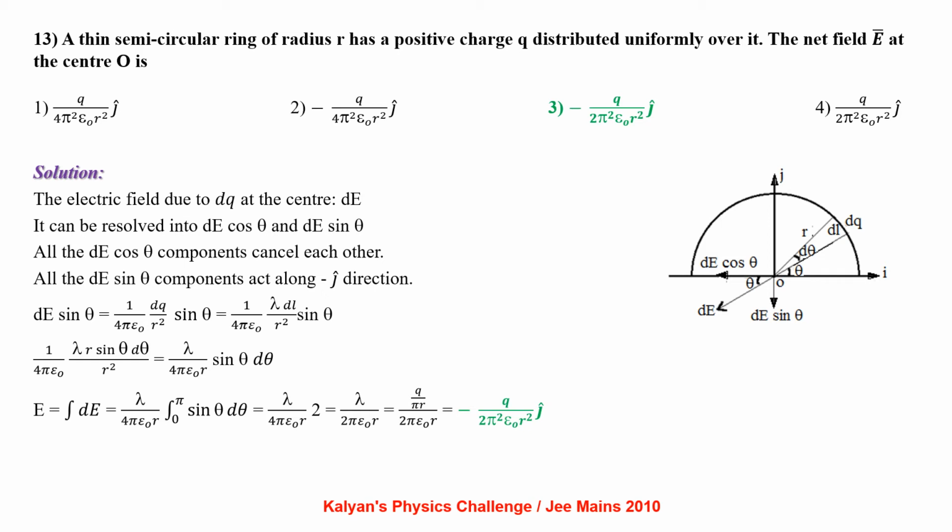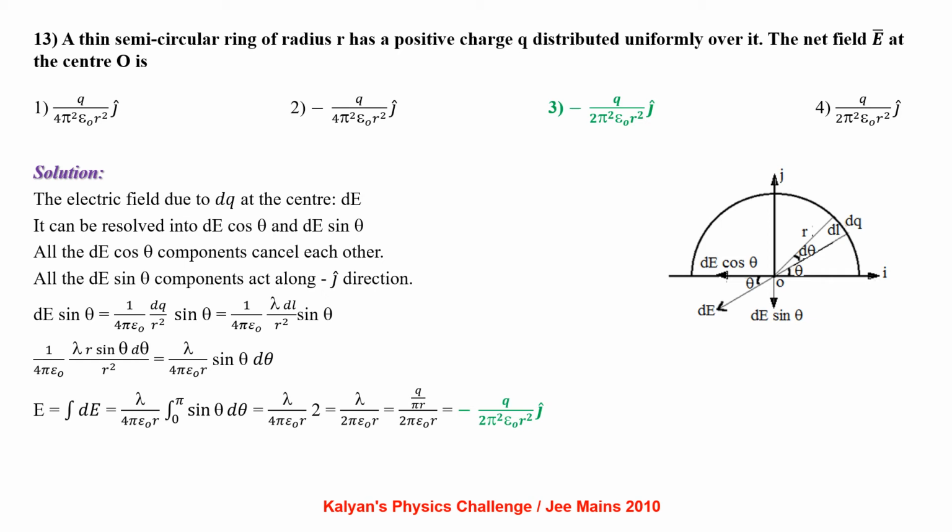So dE sin theta equal to 1 by 4 pi epsilon naught dq by r square into sin theta. dq can be written as lambda dl, where lambda is linear charge density. dl can be written as r d theta, where r is radius of the semicircle. Effectively, it is lambda by 4 pi epsilon naught r sin theta d theta.